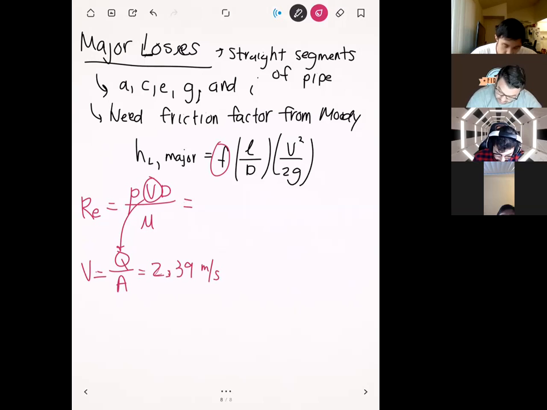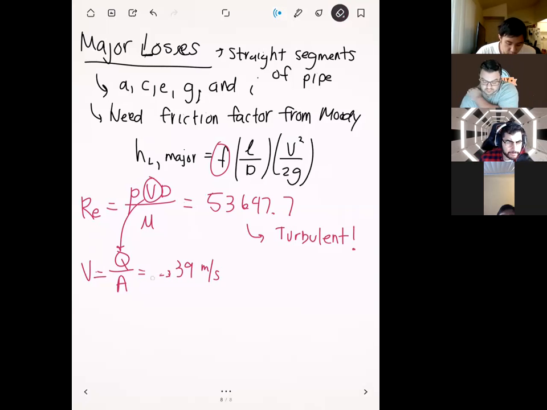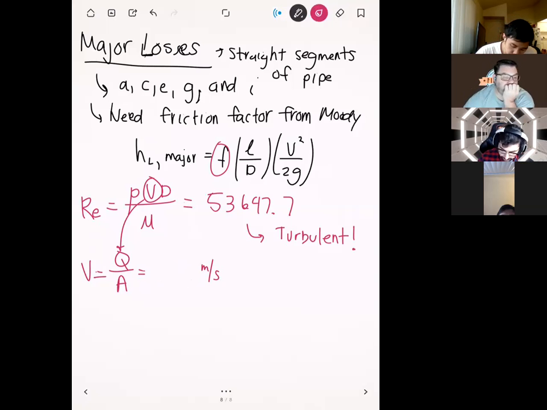We plug that back in for the Reynolds number, and what we get is a Reynolds number of 53,647.7. The velocity is 2.39, yes, 2.39.